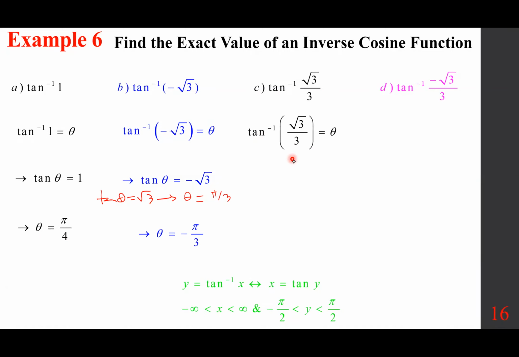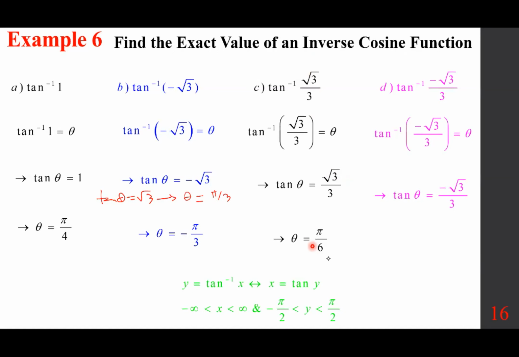Actually, this will help with this one. First, we write this equal to theta. Then by definition, tan of theta is that. And again, just as I explained here, we need to work on the positive part. The positive part, we know it to be pi over 6.